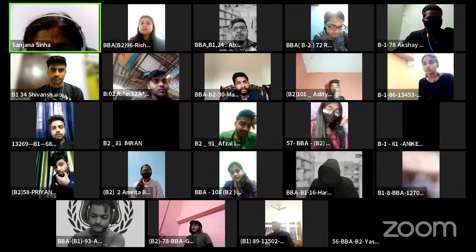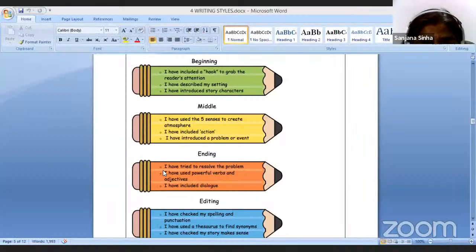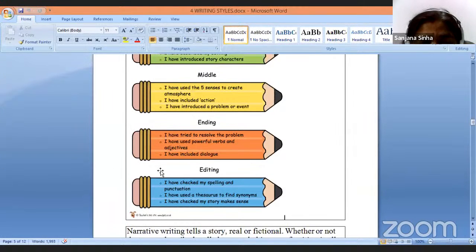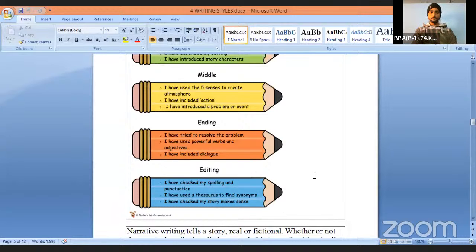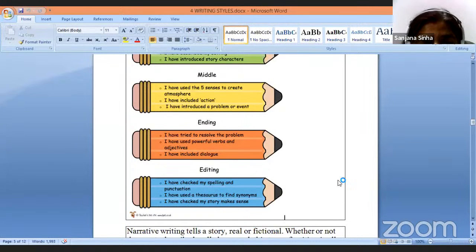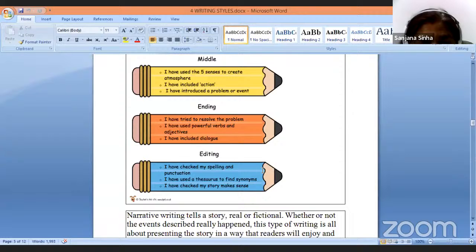So after you finish the beginning, the middle, the ending, then you edit. How will you edit? You will check for spellings, punctuation, grammar, everything. You can use a thesaurus or the net to find synonyms or verbs or words so that you do not repeat yourself.